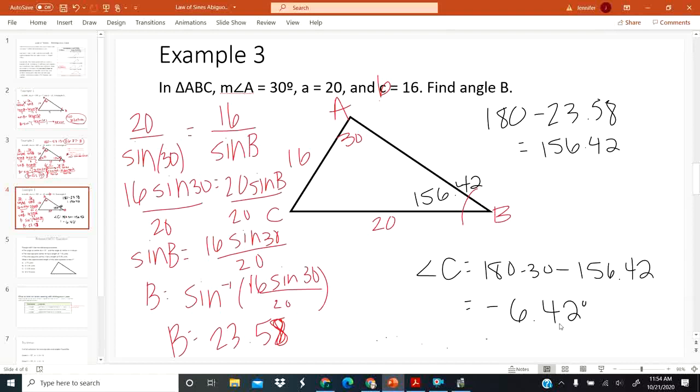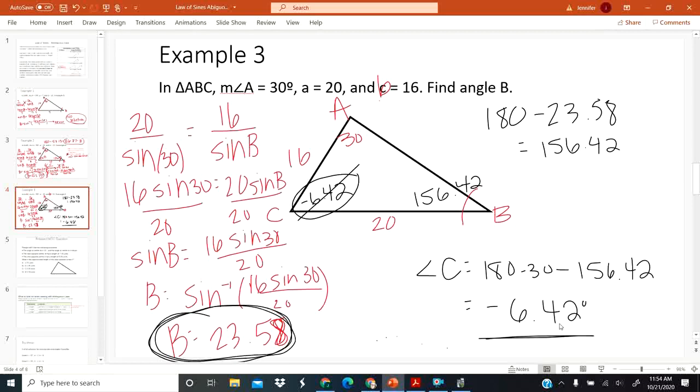And so this is an example of where the second case does not work. So that means the angle C would be negative 6.42. That can't happen because you can't have a negative angle in your triangle. So in this one, the only answer choice that does work correctly is angle B equals 23.58.